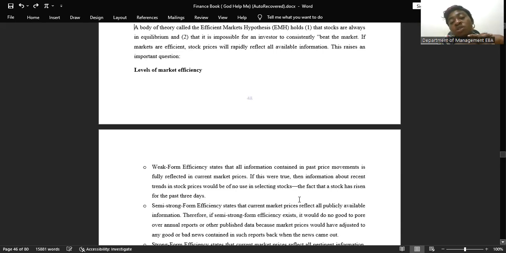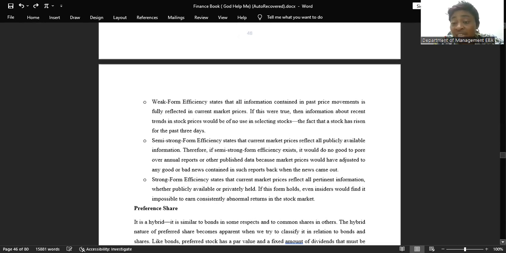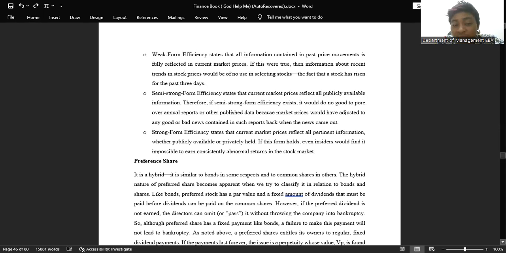Then we have the semi-strong form of the efficient market hypothesis, and that one is saying that the price reflects past prices and publicly available information, meaning that when you have the historical information and publicly available information, you cannot beat the shares because they are reflecting these two kinds of information.